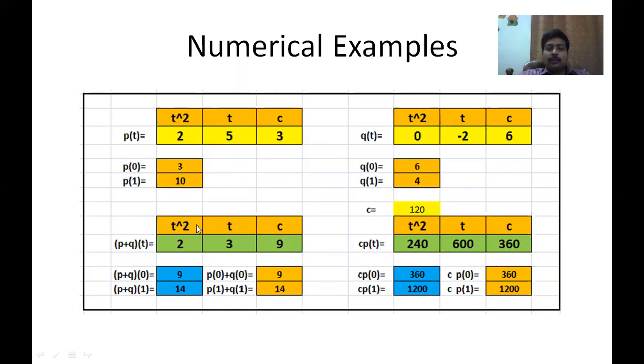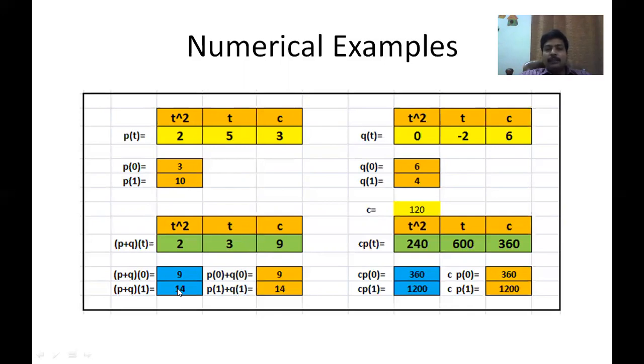For this new polynomial p plus q, the value at 0 is 9, since it is 2 times 0 and 3 times 0 and 9. If these three are added, you get 9. Similarly, the value of this new polynomial at t equal to 1 is 2 into 1 square, 2, plus 3 into 1, that is 3, plus 9. So that is 2 plus 3 plus 9, 14.